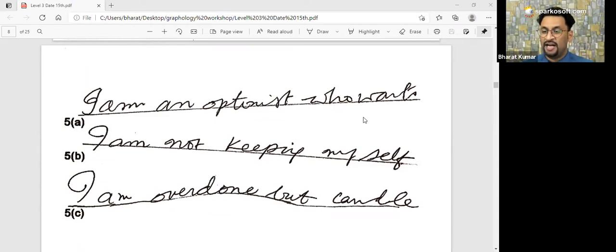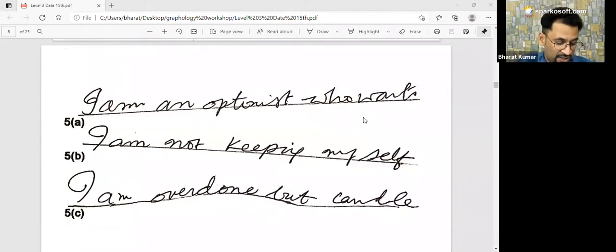So if baseline is 100% straight, in these three writings, no baseline is 100% straight. So this baseline you have to draw after taking handwriting using scale. So if straight baseline is observed here, then you will say the person is having very high and good confidence.